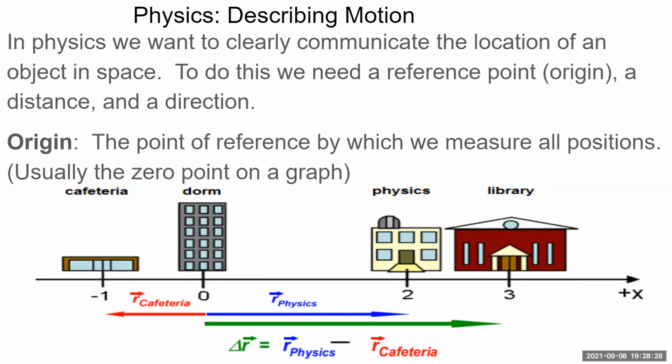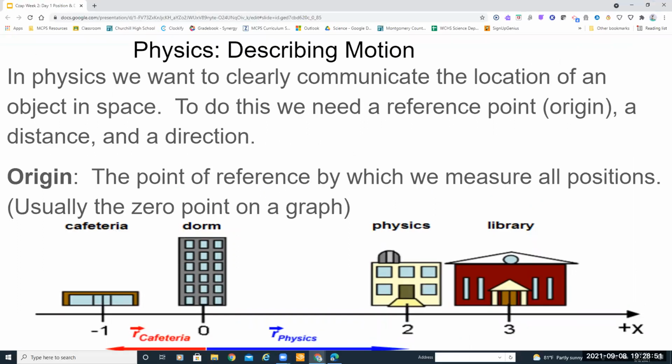And from that reference point or origin, we give you a distance and a direction, and that points you to where we're headed. So an origin, again, is the point of reference by which we measure all positions. And usually this is a 0 point on our graph.